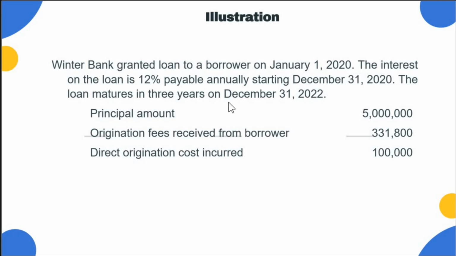The loan matures in 3 years on December 31, 2022. These are the information: you have your principal of 5 million, your origination fees received from the borrower of 331,800, and your direct origination cost incurred, yung mga nagastos natin, of 100,000.